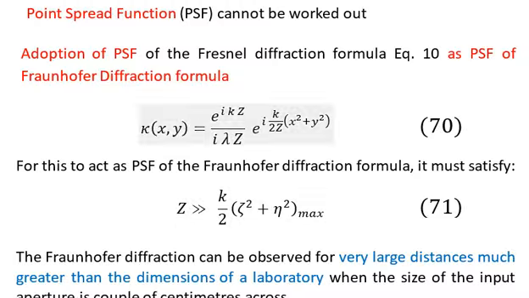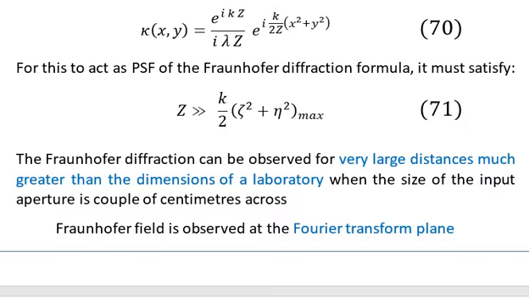So you see that equation number 70, which is basically related with the Fresnel diffraction formula, can be adopted as the point spread function for the Fraunhofer field, provided we follow the condition on z given by equation number 71.